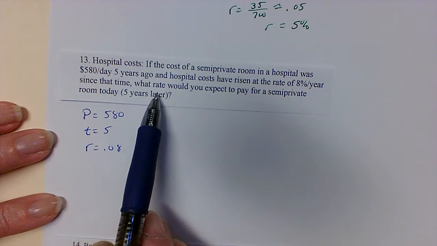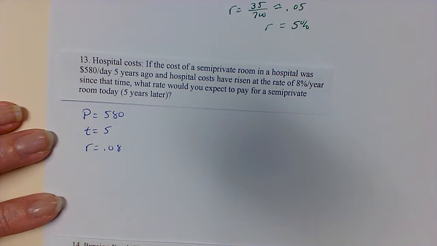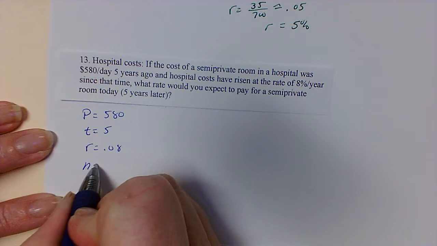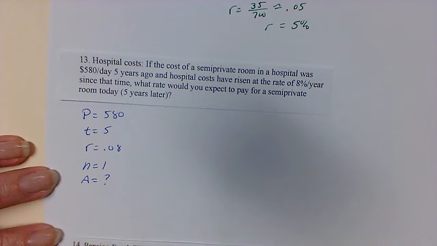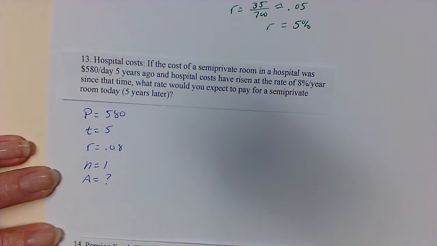And what rate would you expect to pay for a semi-private room today? Because we're talking about inflation, that's where that little note came into it, where we are going to use n is equal to 1. And we are looking for the accumulated value, because we're looking to see what is the value that we would expect to pay now.